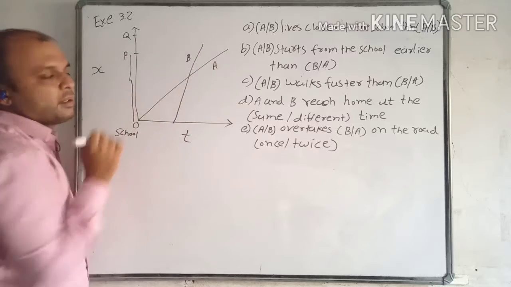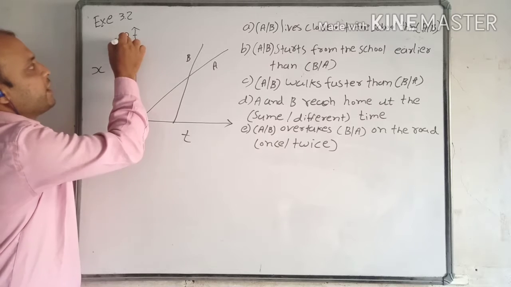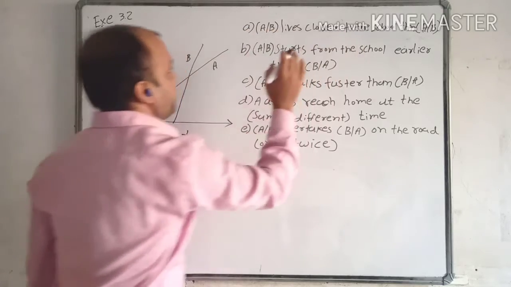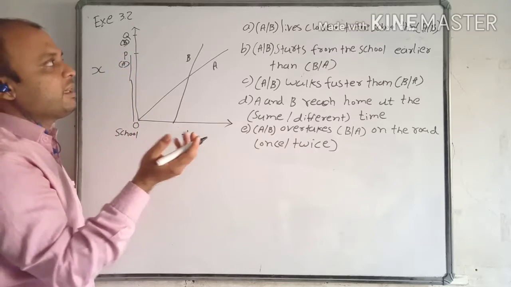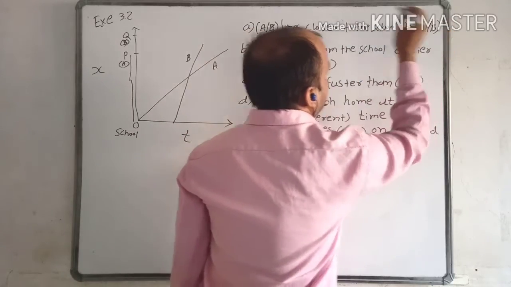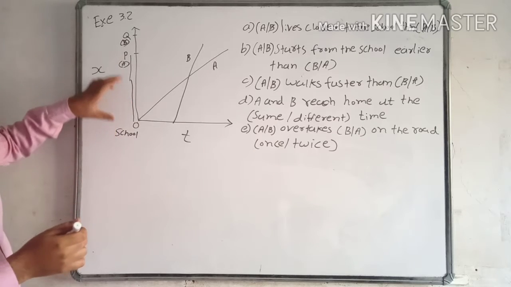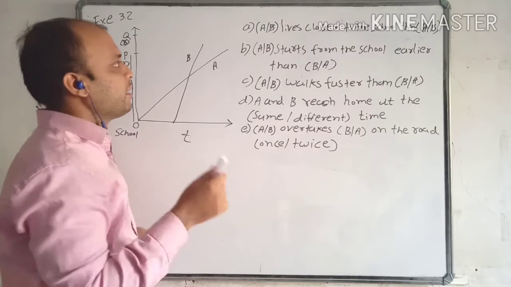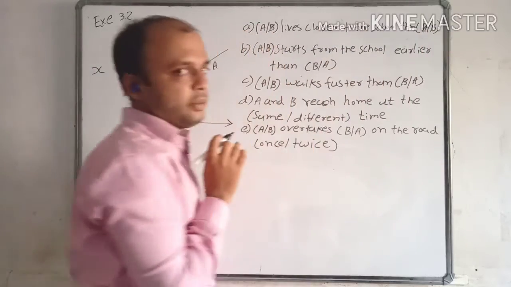P is the home of A. What is the nearest point from the school? P. So we can say A lives closer to the school than B, because from this graph P is nearer than Q. So the first condition: A lives closer to the school than B.